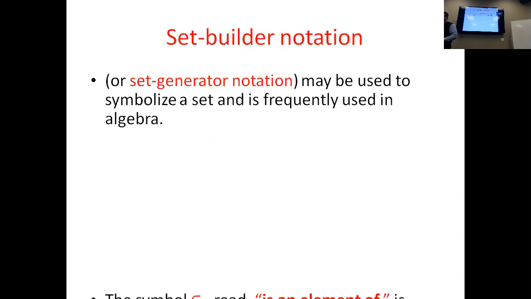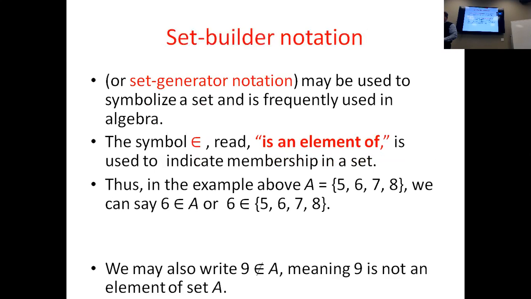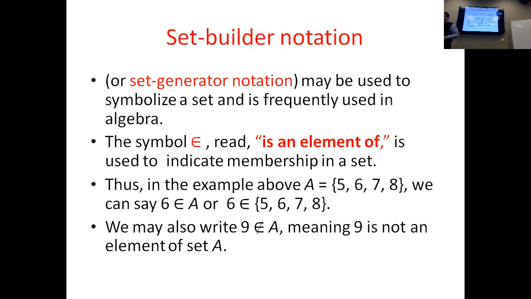So we talked about sets being described in descriptive form, roster form, or set builder notation. When we talk about set builder or set generator notation, we use a symbol frequently used in algebra, the symbol that looks like a strange-looking E. That E means "is an element of"; it indicates membership.